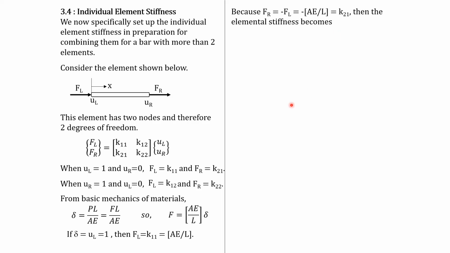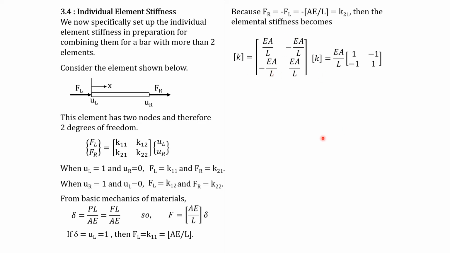Because FR is the negative of FL by equilibrium, FR is equal to negative AE over L, and that stiffness is K21. The elemental stiffness becomes K equals EA over L, negative AE over L, negative AE over L, then positive EA over L. If you factor that out, that's EA over L times 1, negative 1, negative 1, 1. This is also a symmetrical square matrix.